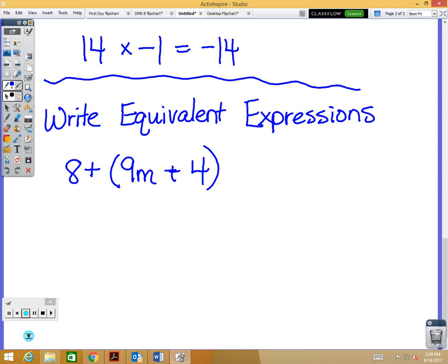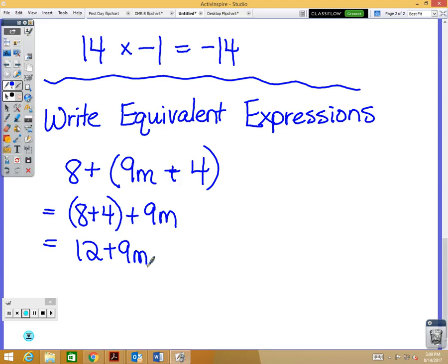We can't combine 9m and 4, can we? Because they're not like terms. So we could change our parentheses and also change the order, so it's associative and commutative, to make it so that our 8 and our 4 were together and our 9m was by itself, which would give us then what? 12 plus 9m, or you could even say 9m plus 12.